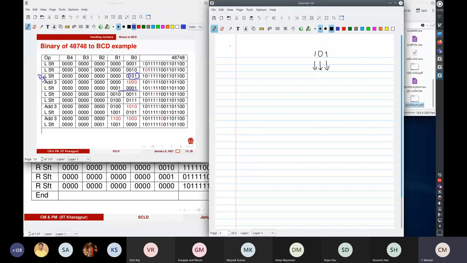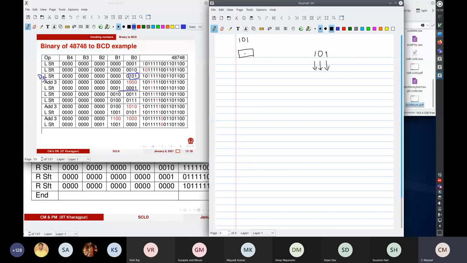Let us say you just have a comparator somehow.